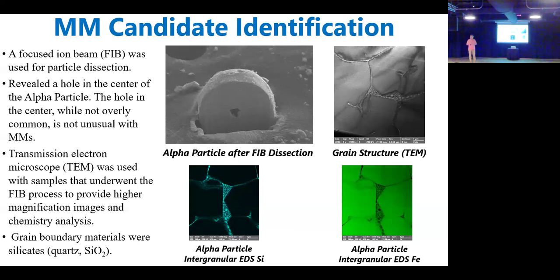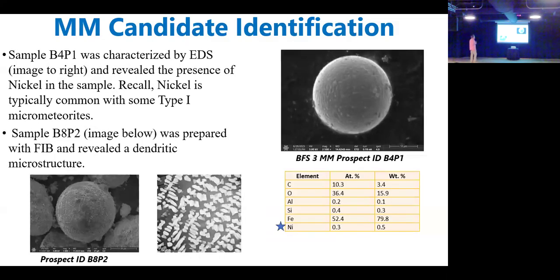No. Does it mean it's not? No, because some of them do have holes like that. We found that between the plates, a large amount of silicon material, with grain boundary quartz. Does any of this prove that it's a micrometeorite? No. But it's odd. It's odd. Here are some other candidates.